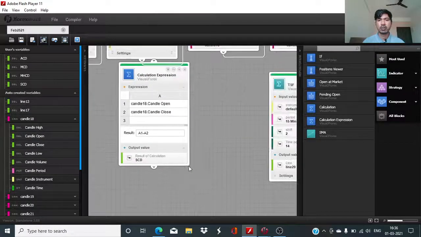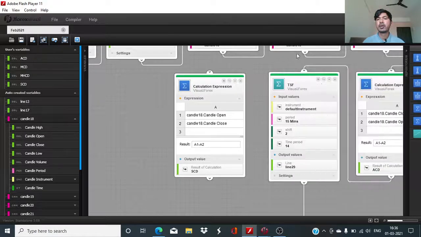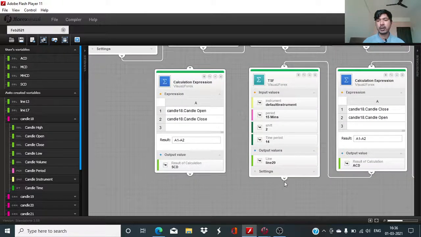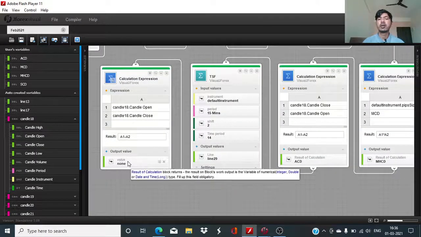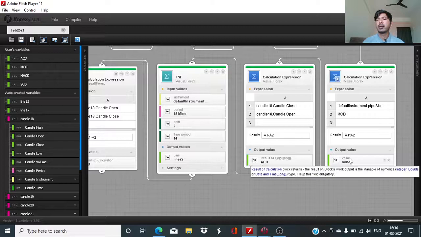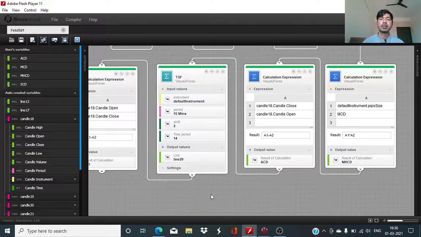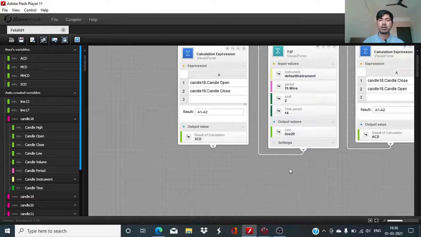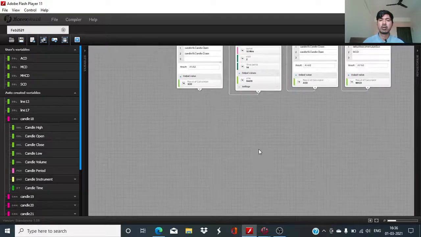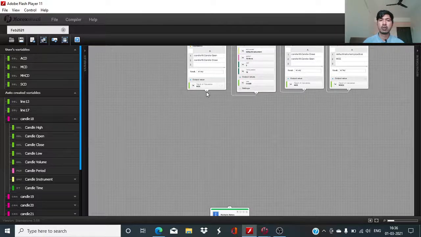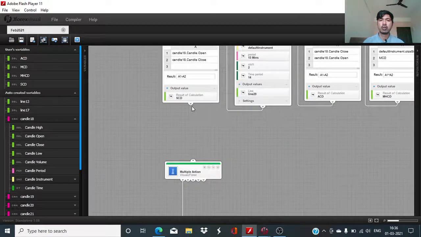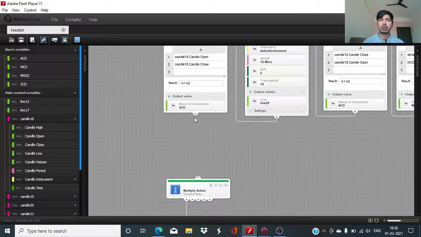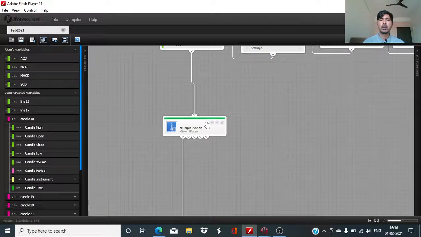Okay, I will disconnect this and join it here, and this difference needs to be greater than this difference which we have defined at 3 pips. Okay, this has been joined now.